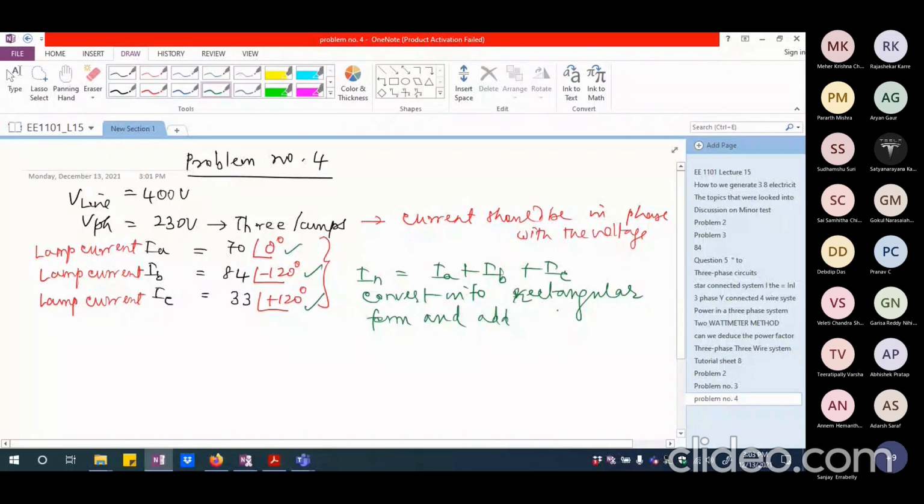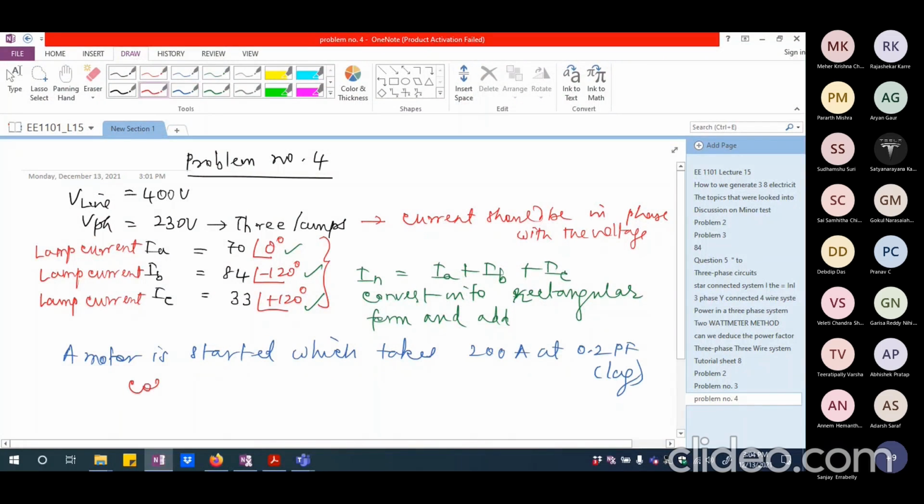Please do it. The second portion of the same problem says a motor is started which takes 200 ampere at 0.2 power factor lagging.